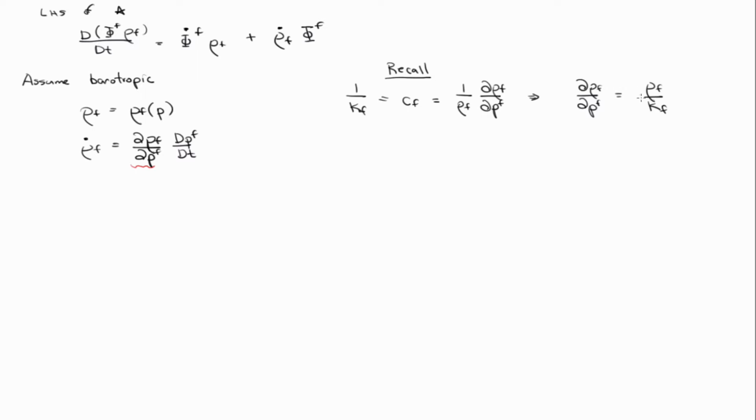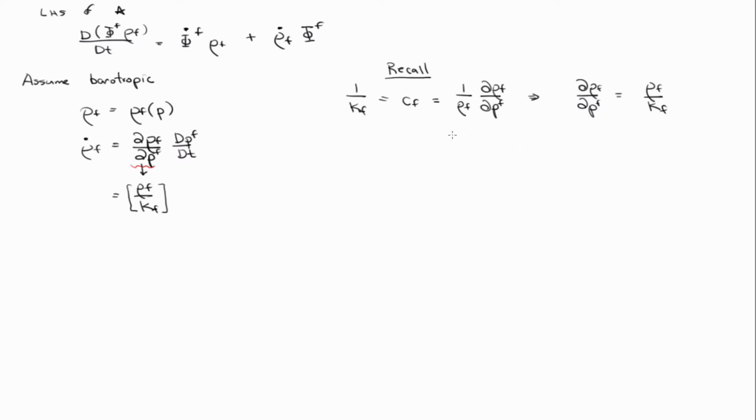So that'll allow us, we can just go ahead and plug that in for this term right here, p f over k f. Right. But we can do something else with this guy, right?